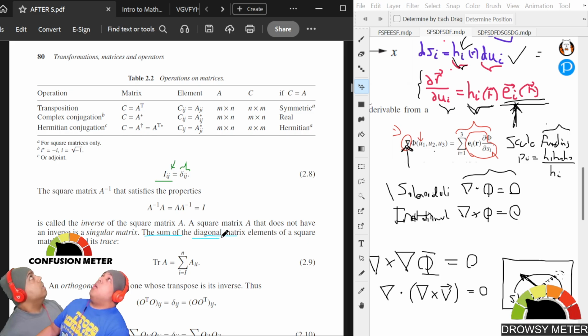So the trace of matrix A is the sum of A_ii, where n is the rank, right? Let me write that: n equals rank, or order.